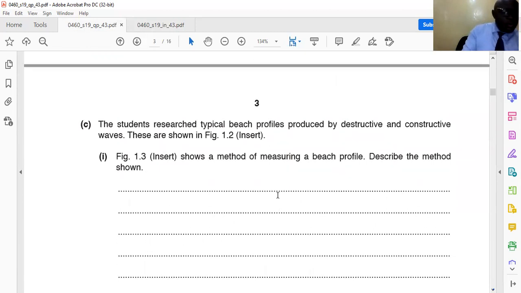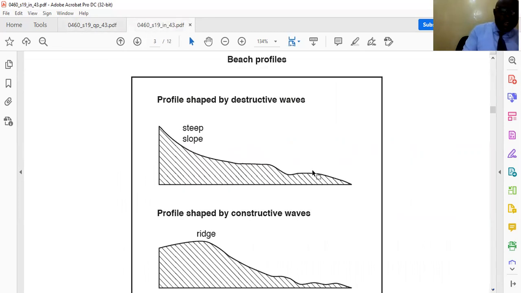So they want you to describe, so you create a transect line from the sea. A transect line is just like measuring from here to here, where you are going to do your measurements. So create a transect line from the sea to the back of the beach. So from here to here, that could be where you are going to work.